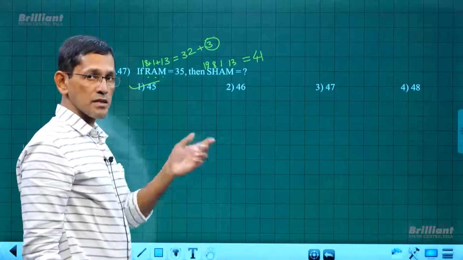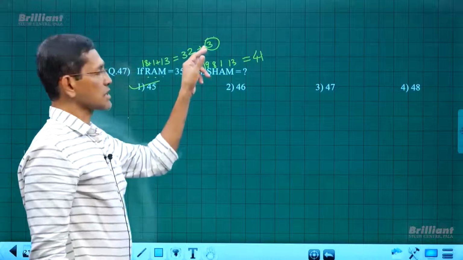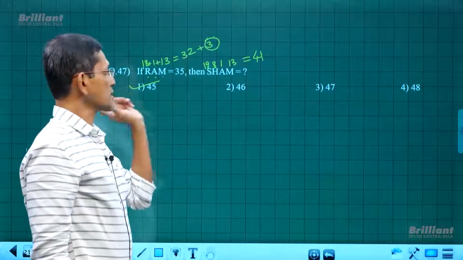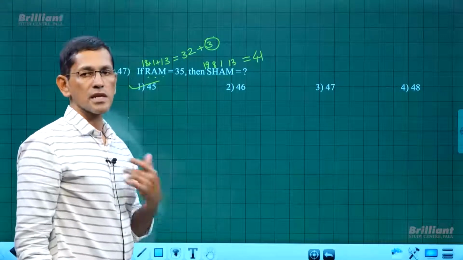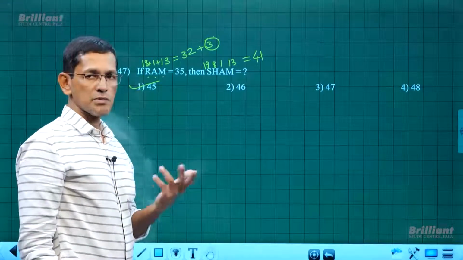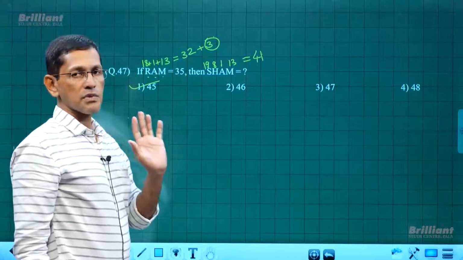So in that case, we are not really considering the number of letters, rather we take the 3 as a constant. 3 is added in case of 3 letters, 3 is added in case of 4 letters, 3 is added in case of 6 letters, 3 is added in case of 7 letters. That's possible as well. So in this question, we are not sure whether we have such a possibility or not.